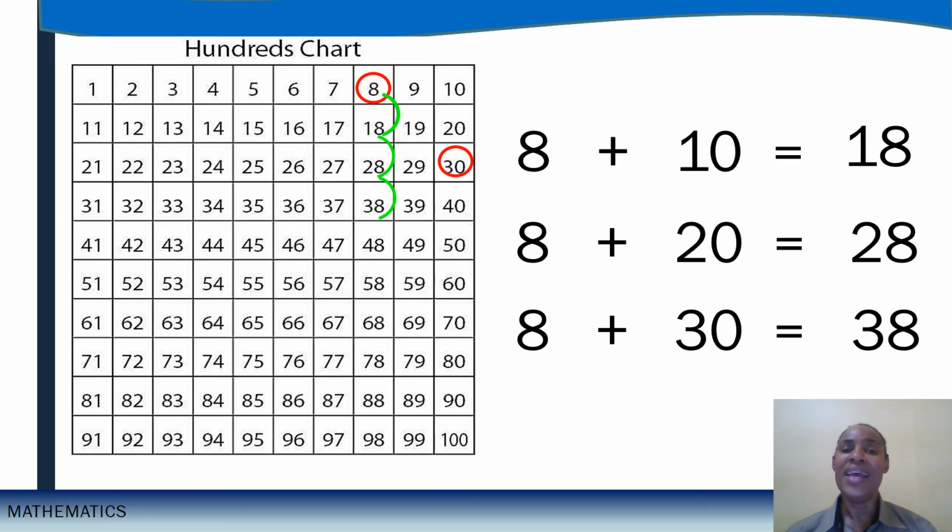So it is true to say that to get the numbers below in each column, we are adding multiples of 10. Boys and girls, with this information, I know that you're going to do well with the other tasks that are coming up.